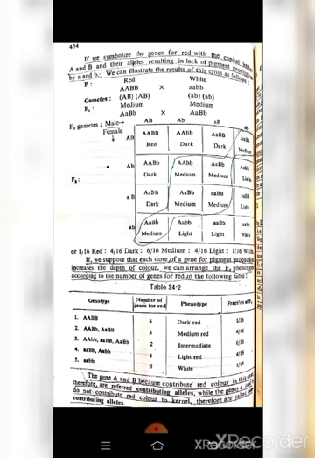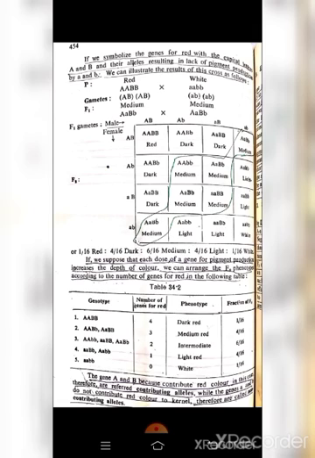Here the table is formed. On the above side of the table, write down the gametes of male, while on the left side, write down the gametes of female. Here, on the above side, the AB gamete is present, Ab, then aB, then ab.